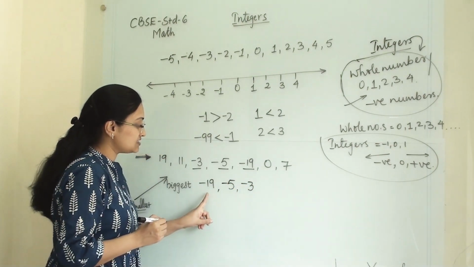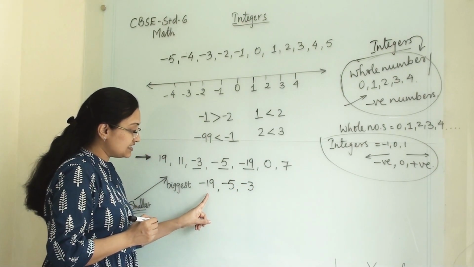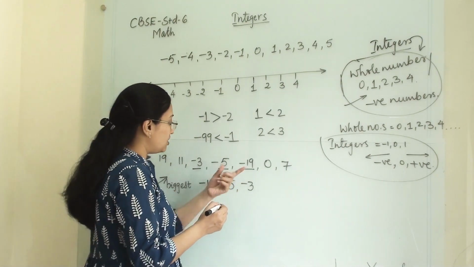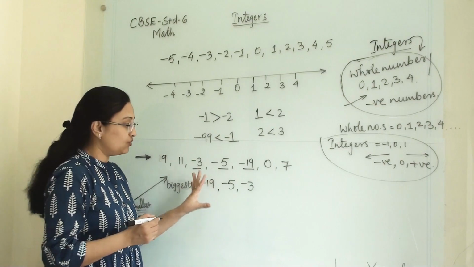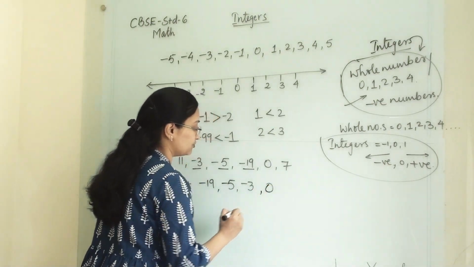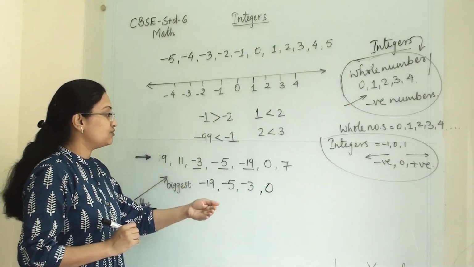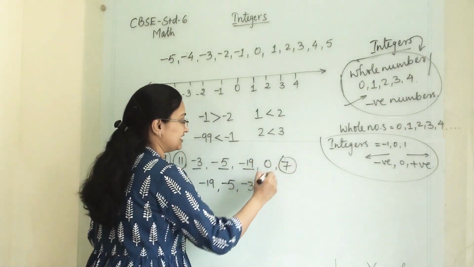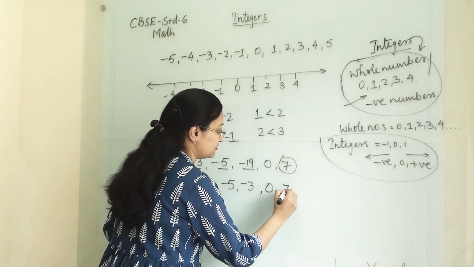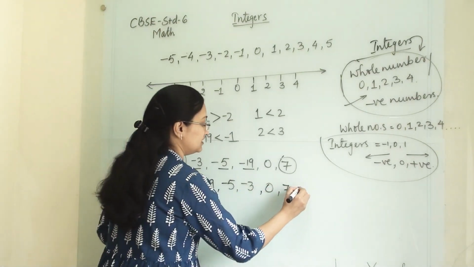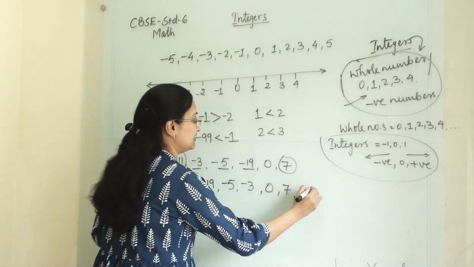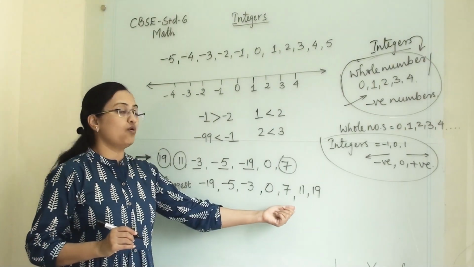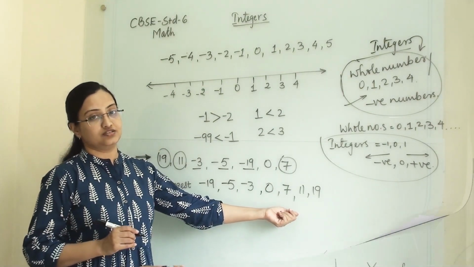So this means -19 is lesser than -3. Now all the negative numbers are over. Now we put 0. Now we go towards positive numbers. All these numbers are positive and it is easy: first 7 will come, then 11 and then 19. So this will be the ascending order of these integers.